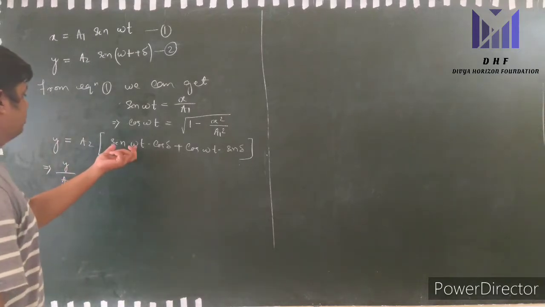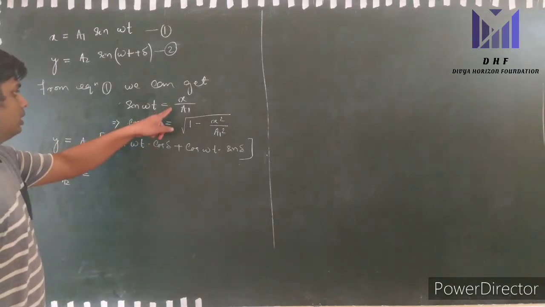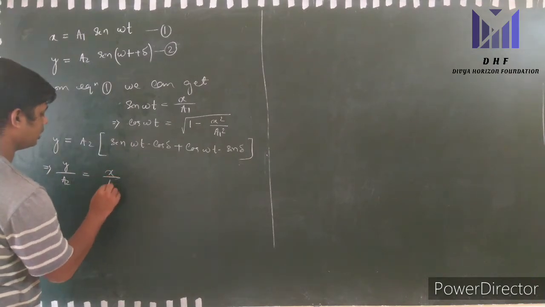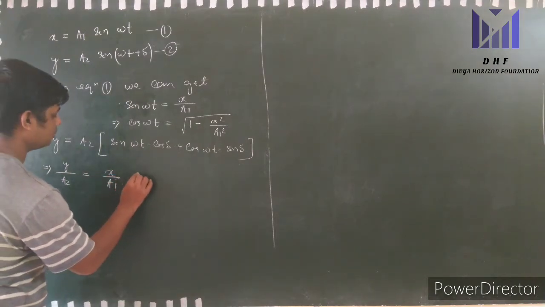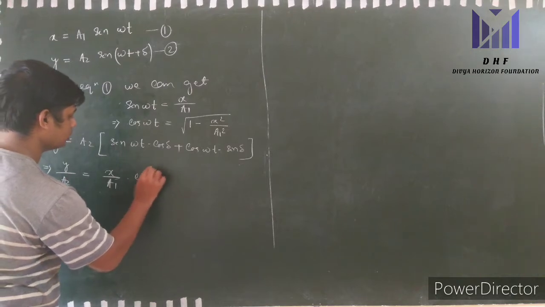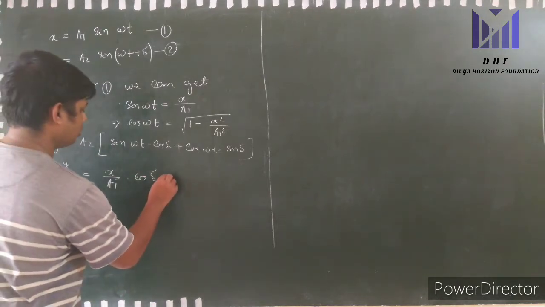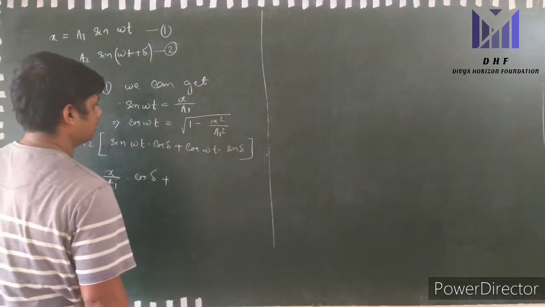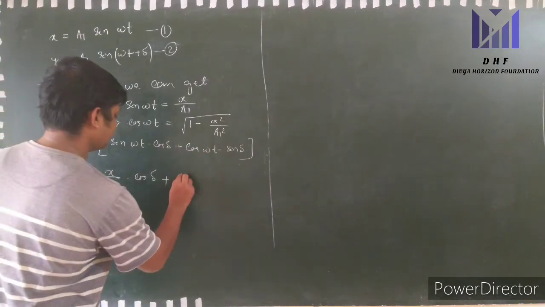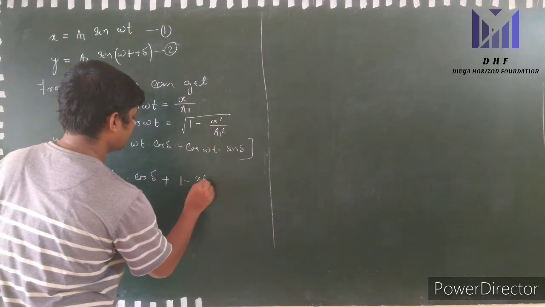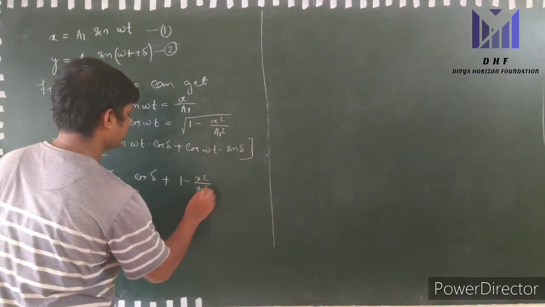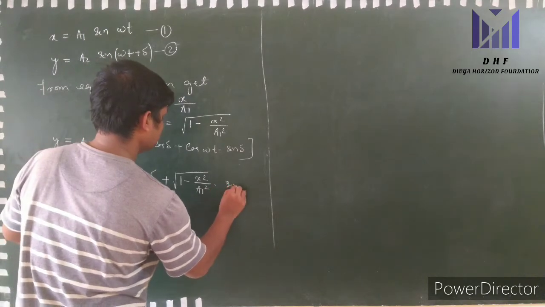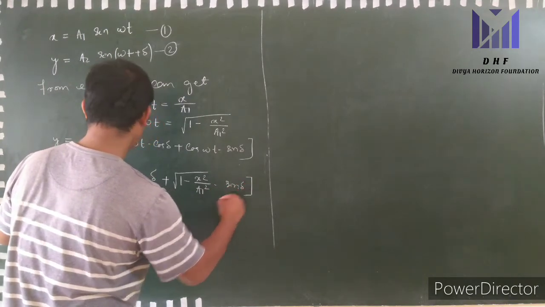Here we will replace sin ωt by x by a1, so x by a1 times cos δ, plus we replace cos ωt by the square root of 1 minus x squared by a1 squared, times sin δ.